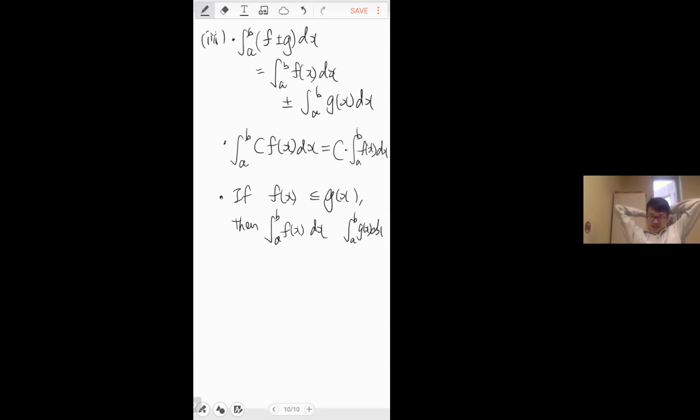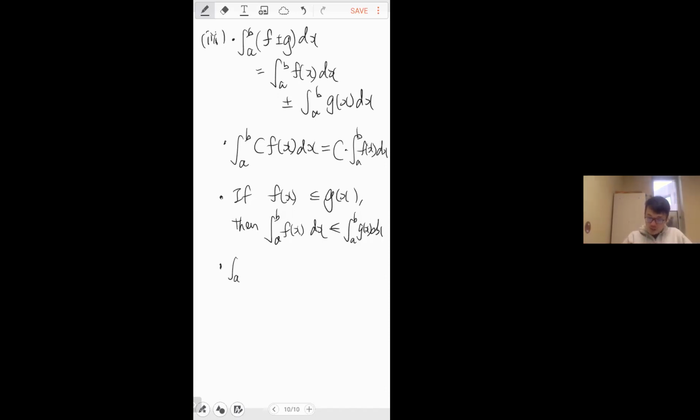If f of x is smaller than g of x, then the area of f of x should be smaller than the area of g of x. That's because the height is lower, and so the area of each rectangle would be smaller as well.